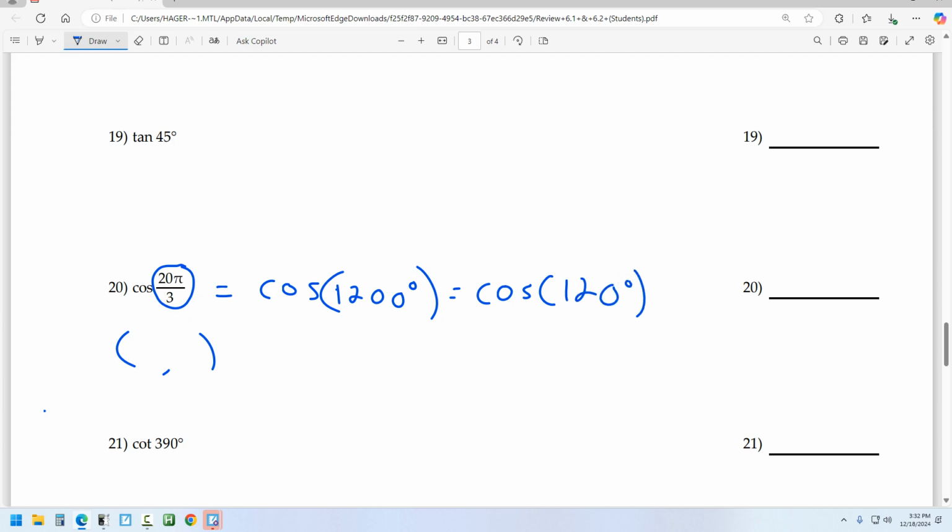Okay. So how are we going to figure out what the coordinate is for 120 degrees? We have to find out what angle it falls on. Okay, so if we don't remember, how could we start to do something that would help us remember?